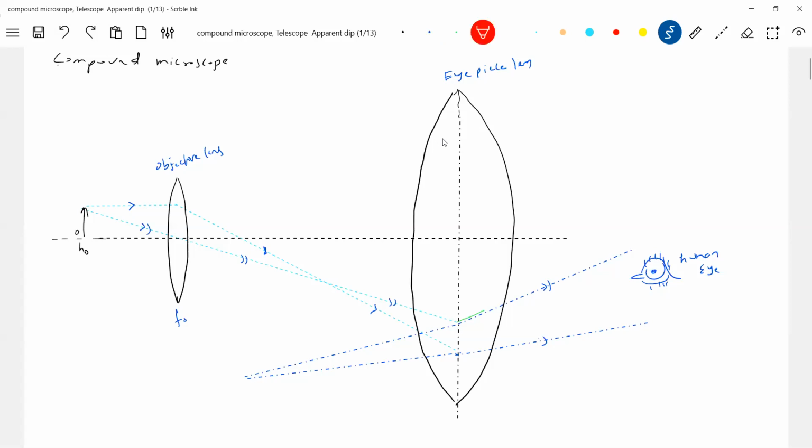There's an intermediate image, I1, H1. And there's a final image.